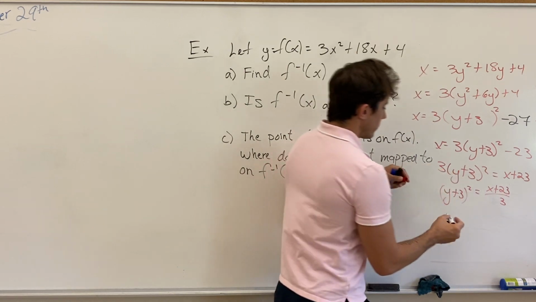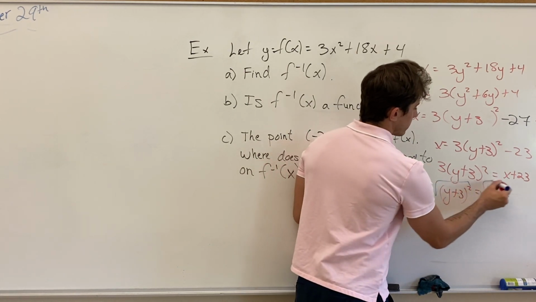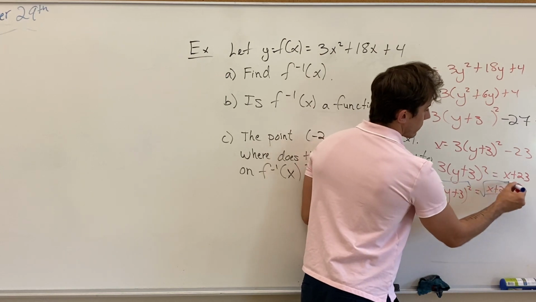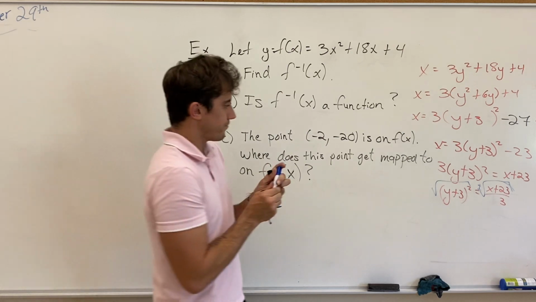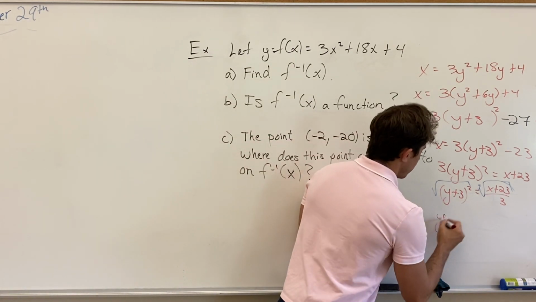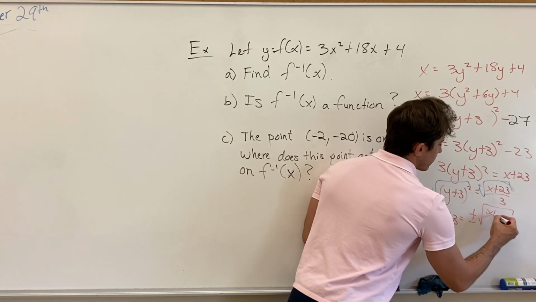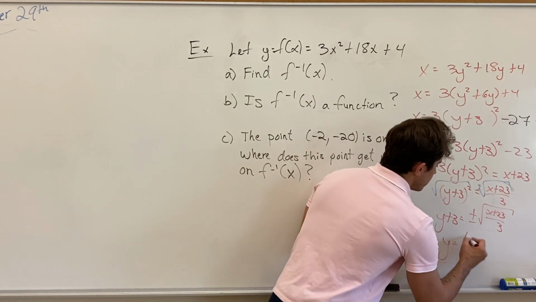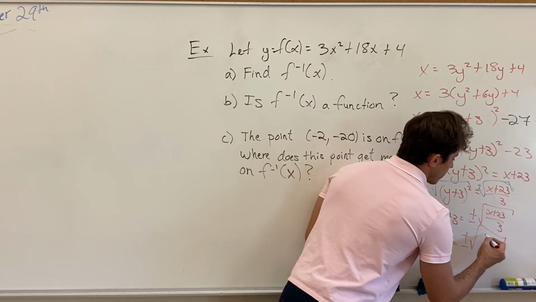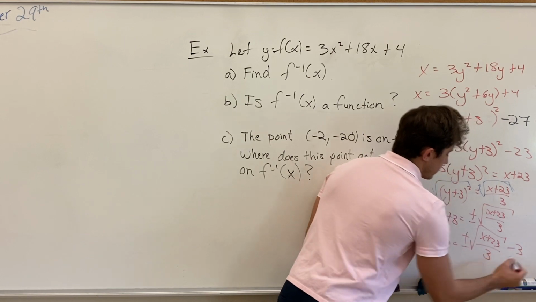Now we'll take the square root of both sides. Make a note of that, square root and square root. And when we take the square root, remember to take the positive and the negative version, right? And we have that y plus 3 is equal to positive or negative square root of x plus 23 all over 3. And then finally, we have y is equal to positive or negative square root of x plus 23 all over 3, minus 3.